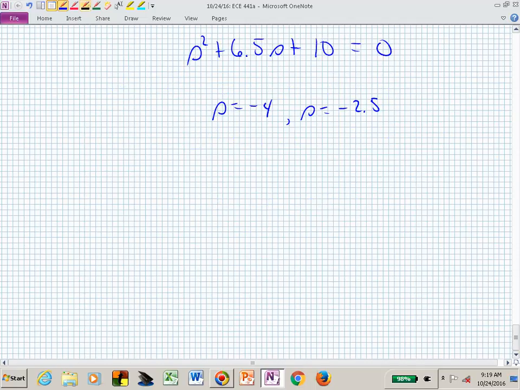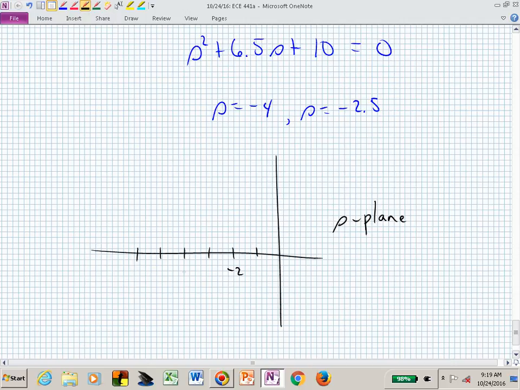Now let's look at that in relationship to the S plane and what we did have before. That's where we started.